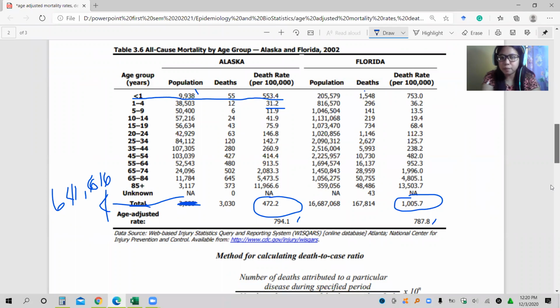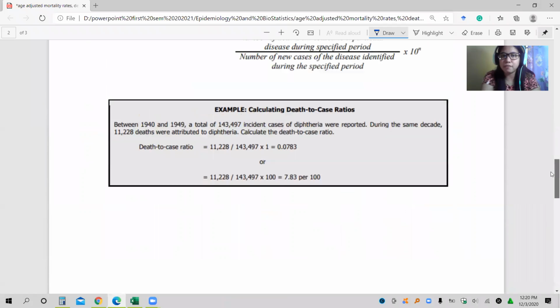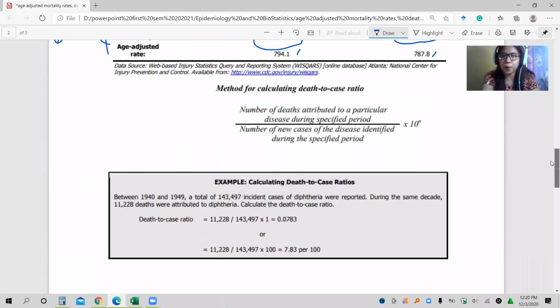Aside from that, we also have here the computation of the death-to-case ratio. So what's the formula for the death-to-case ratio? This is the number of deaths attributed to a particular disease during a specified period over the number of new cases of the disease identified during this specified period, times 10 raised to n.